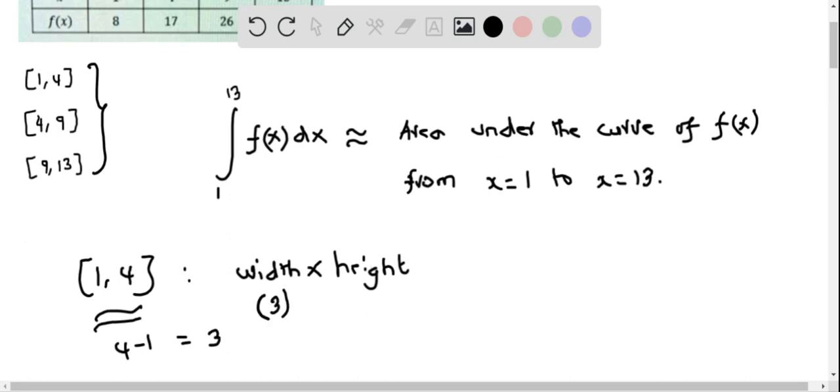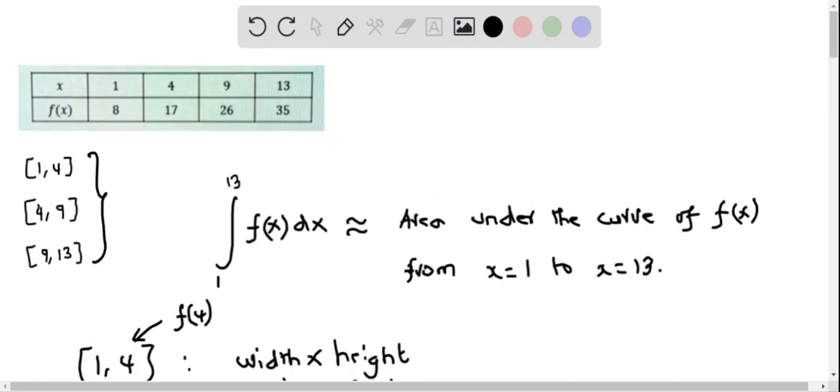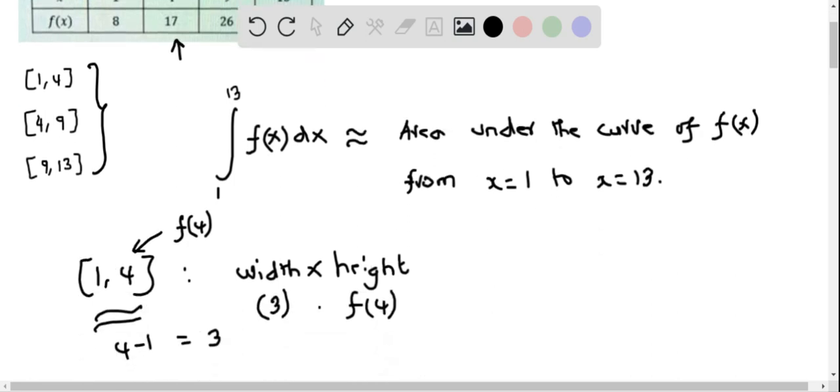And to determine the height, we have to evaluate the function value at the right endpoint. So here 4 is the right endpoint. So we say that the height of this rectangle is f of 4. We can find f of 4 from the table. Let's look at the table. We see that it is 17. So therefore, the area of this rectangle equals 3 times f of 4, which is 17.